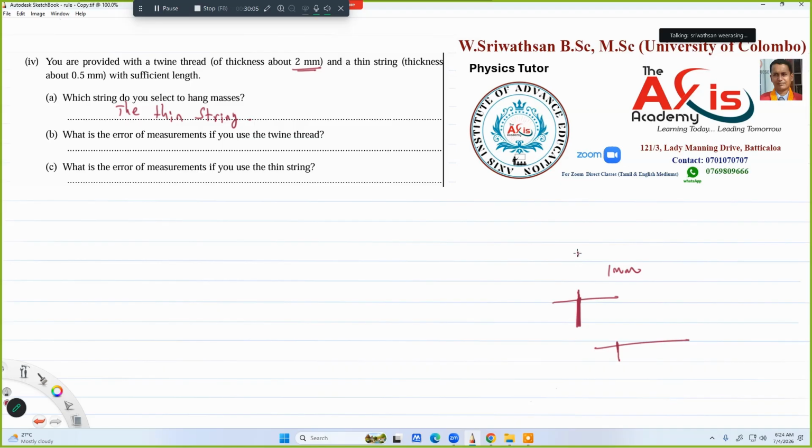Least count of the meter rod is 1 millimeter. If we use 2 millimeter thickness of thick thread, then there is a possible chance of error. That means whatever reading you are taking, plus or minus this 2 millimeter, right? So error is 2 millimeter. But if you use the thin string, the thickness is 0.5 millimeter. But using a meter rod, we can measure 1 millimeter. So the possible error is plus or minus this 1 millimeter, not 0.5, right? So this is the correct option for this.